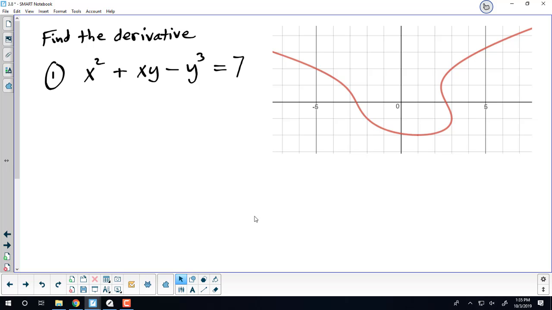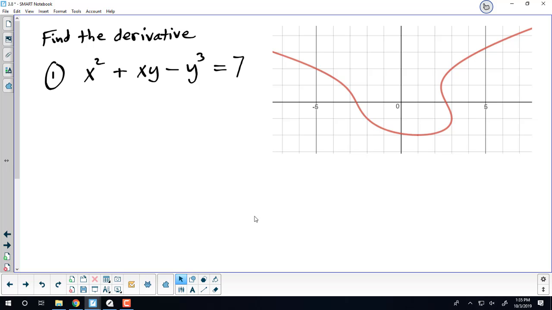So did you do x times y prime and then 1 times y? Because we can't define the y. How did you get the derivative of x? I probably did it wrong, but I did it the same way I would have found the derivative of x.